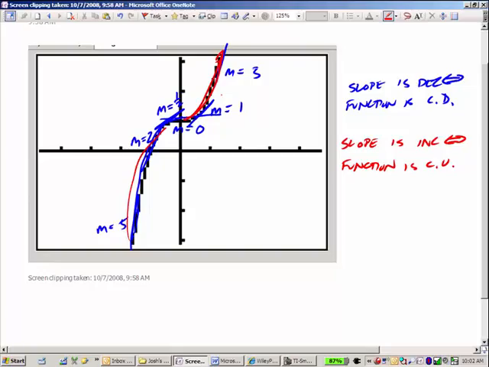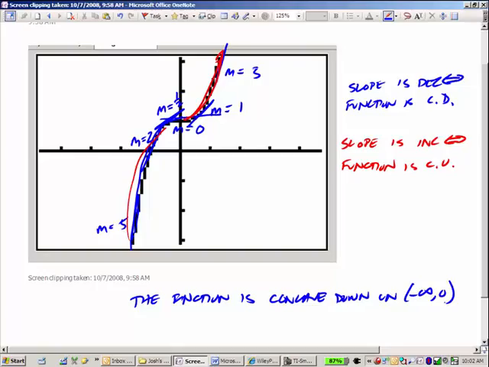Wait, Sam, go ahead. How do you indicate that it's happening? Okay, so if we wanted to say this, we would say the function is concave down on, and I would say negative infinity to 0, right? So I could actually say what interval it's concave down on.